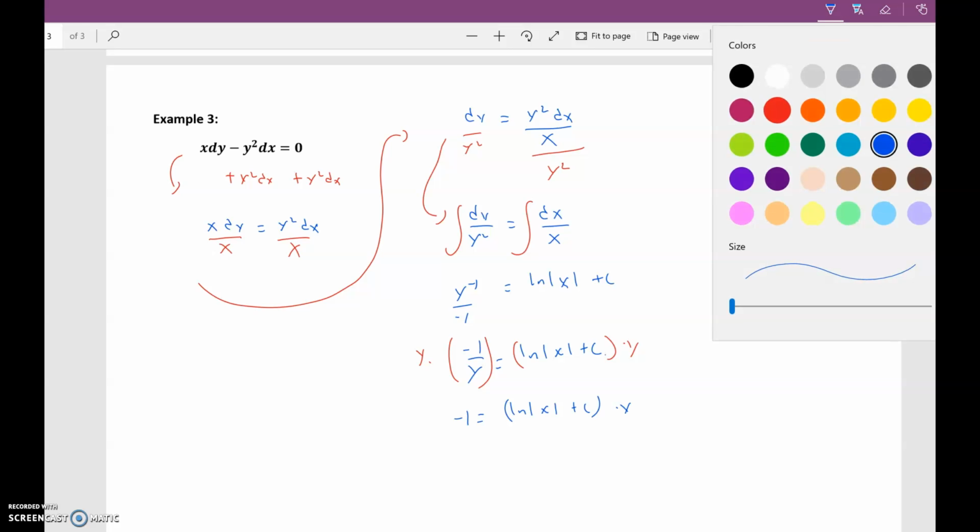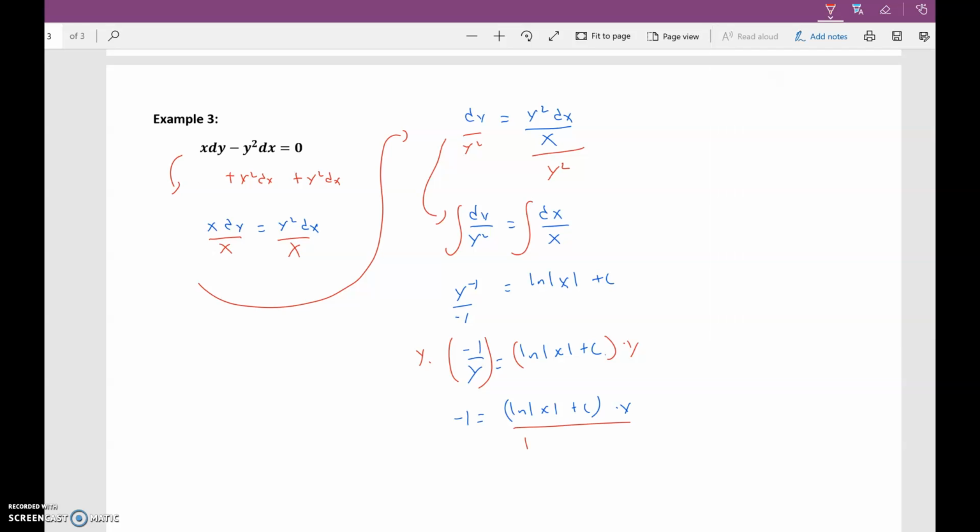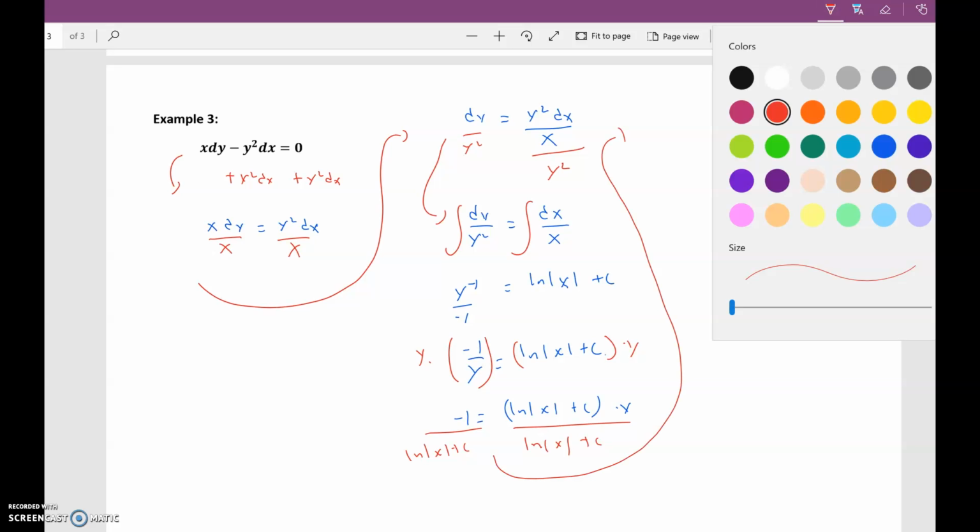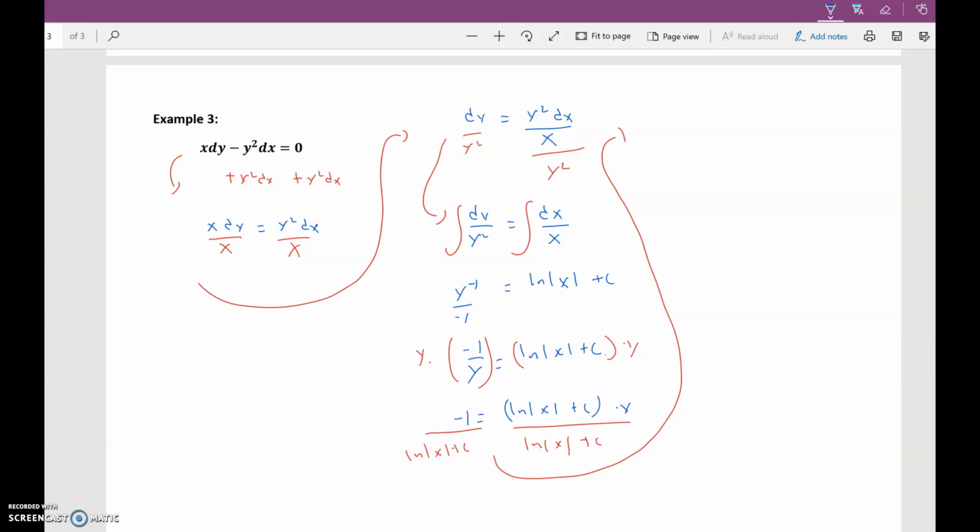And then we're dividing by the ln of x plus c, which is going to give us a final solution where our value of y is equal to negative 1 over the ln of x plus c.